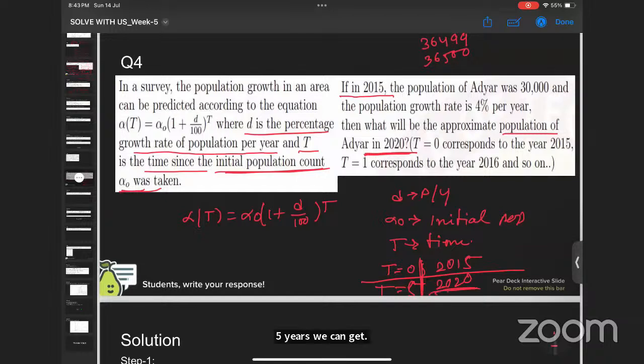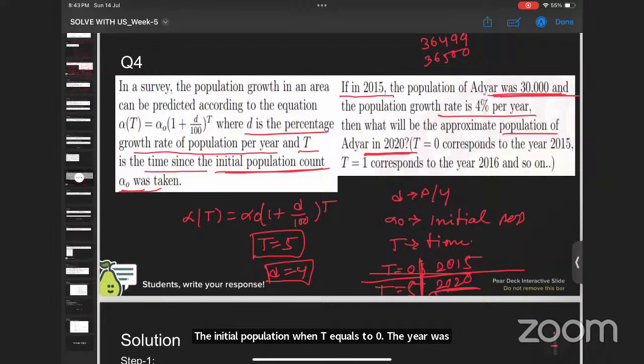So the value of T here is 5. The growth rate is given as 4% per year, so D is 4. The initial population when T equals 0, in the year 2015, was 30,000, so A naught is 30,000. We can just put these values in this equation and calculate.